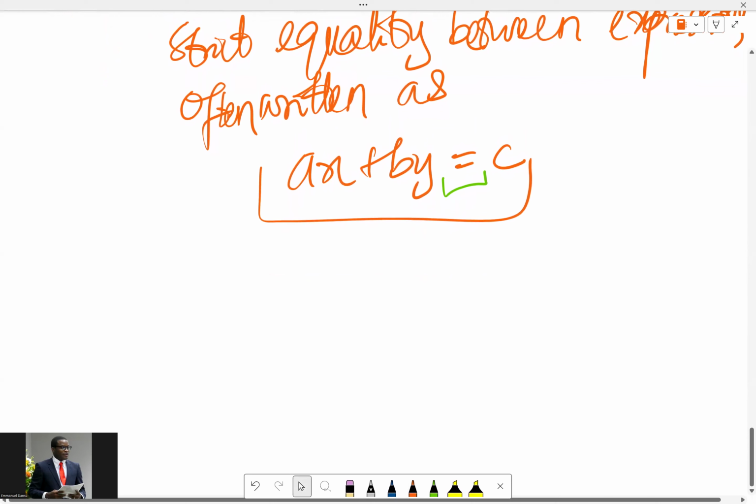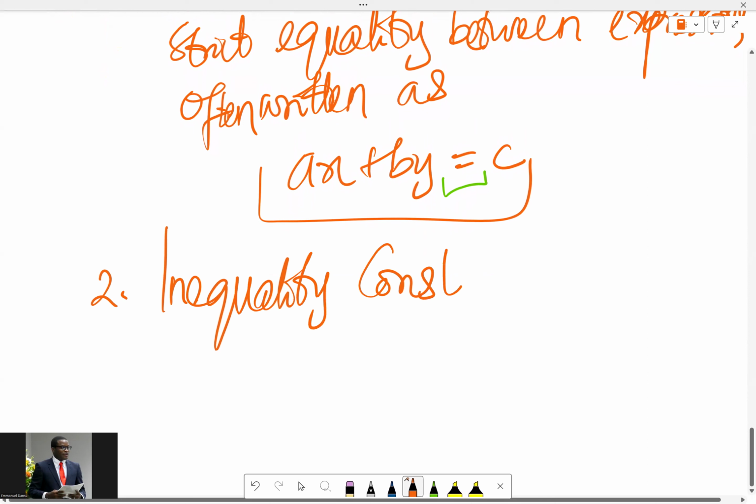Then we also have inequality constraints, like the one we saw earlier.